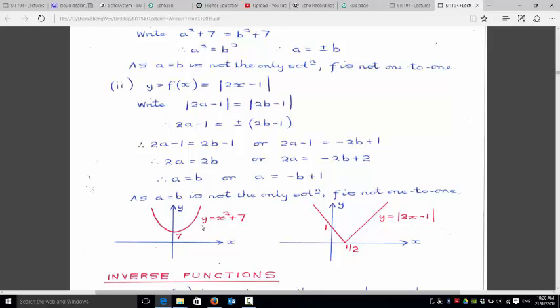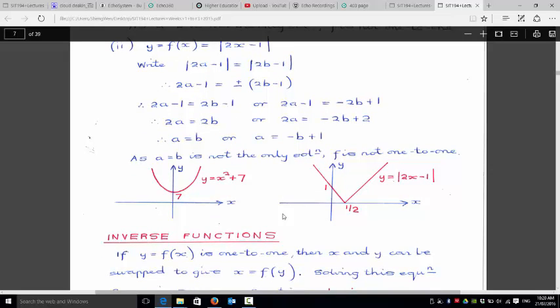For these two functions, we just use a horizontal line to intersect with the sketch, and we found that there will be 2 points in the intersections. So this is not a one-to-one function.